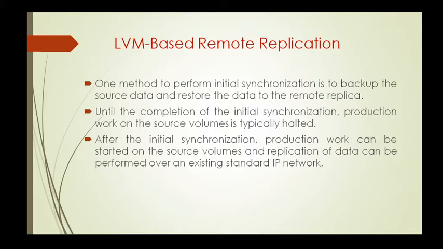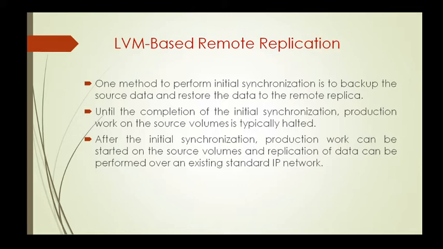So whatever data is present in the source has to be backed up and restored at the remote replica. Then we can say that both are in synchronization. Or else, it can be performed by replication over the IP network. Either you take backup and restore, or else replicate the data over the IP network.